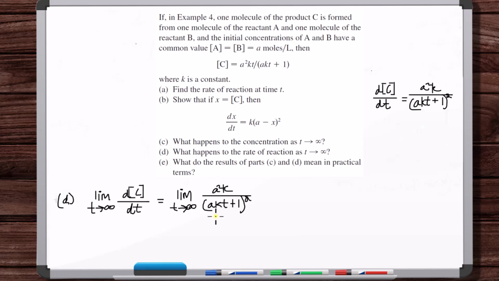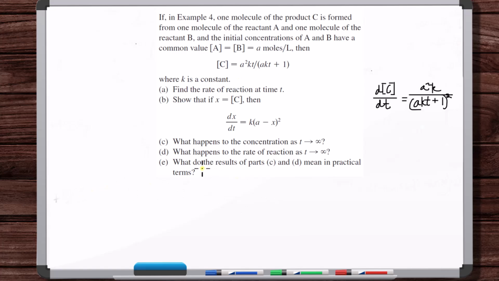Well, as t approaches infinity, the denominator just goes to infinity, but the numerator isn't a function of t. This just stays as a squared k. So this limit is 0. And this makes sense because after a long time, the concentration is not going to be changing. It's going to approach a. What is the derivative? What is dC/dt of just a? It's 0.